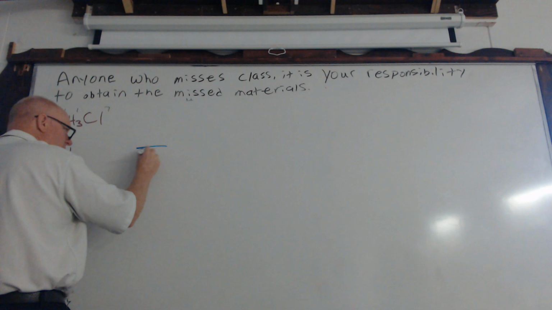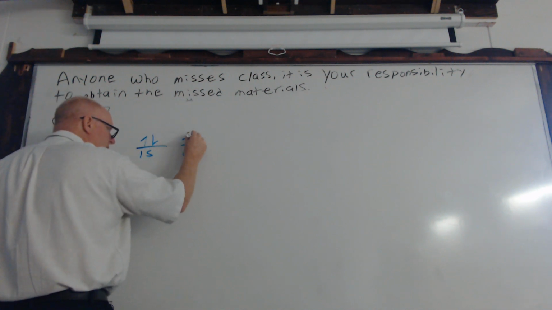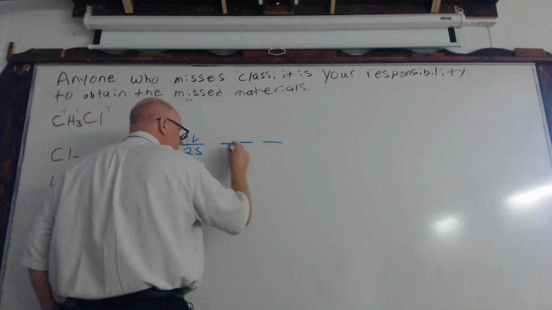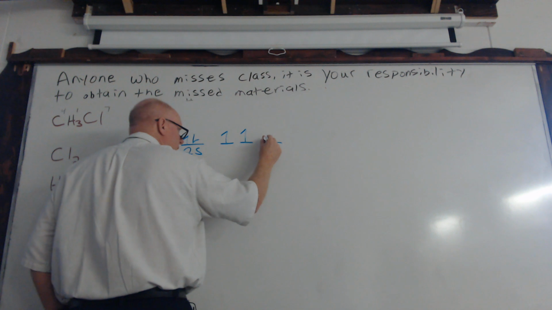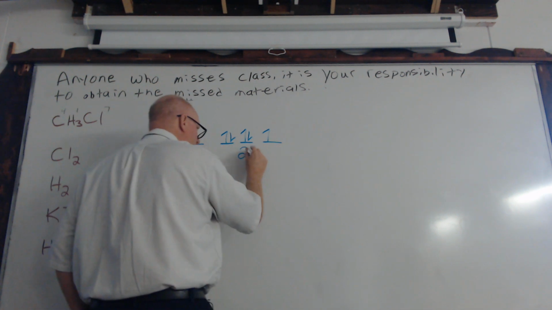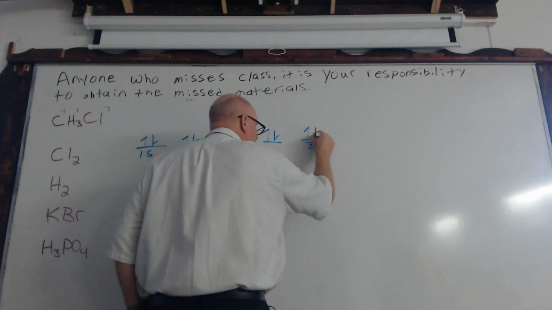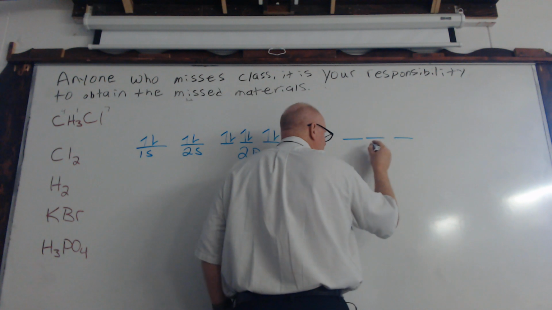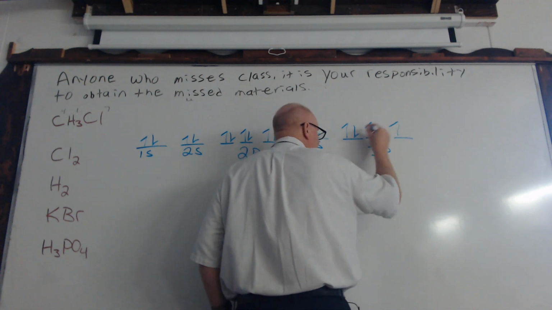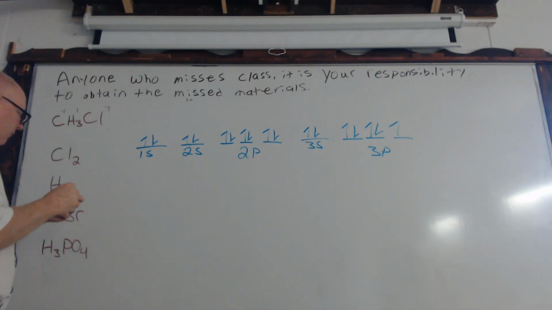So you have 1s, 2s, and then 2p, then 3s, and then here's our 3p. Okay, so that's for one atom of chlorine.